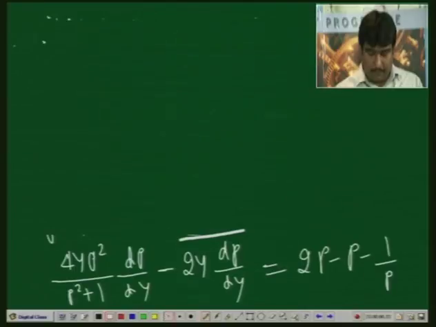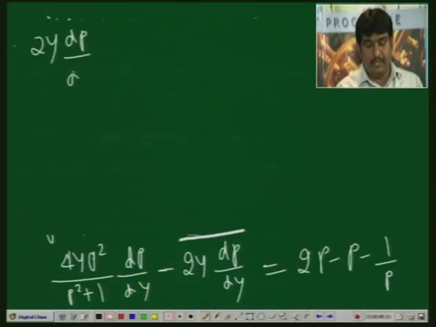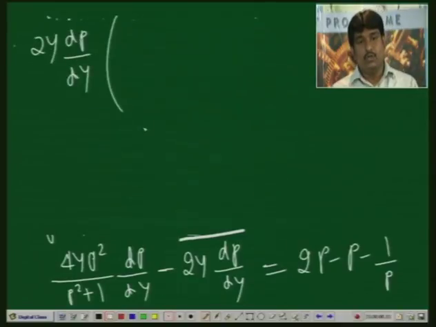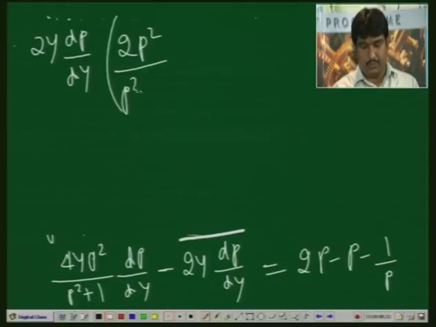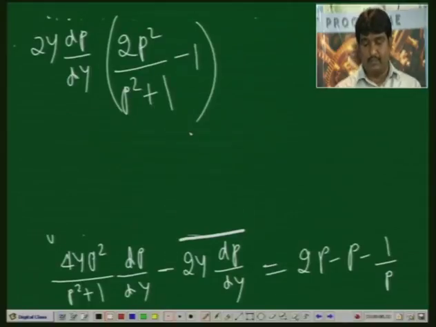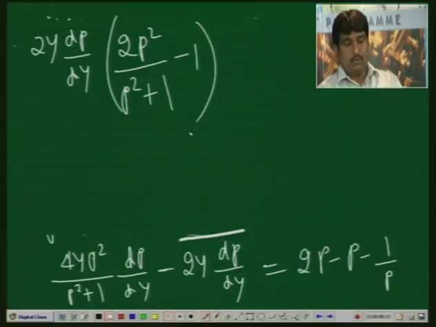So if you take 2y into dp by dy outside, you will be left with 2p square divided by p square plus 1 minus 1. This is the LHS, because 2y into 2p square is 4y p square by p square plus 1 as it is, and I have taken 2y dp by dy outside, so it is 1. That equals RHS. 2p minus p is p, so it is only p minus 1 by p.